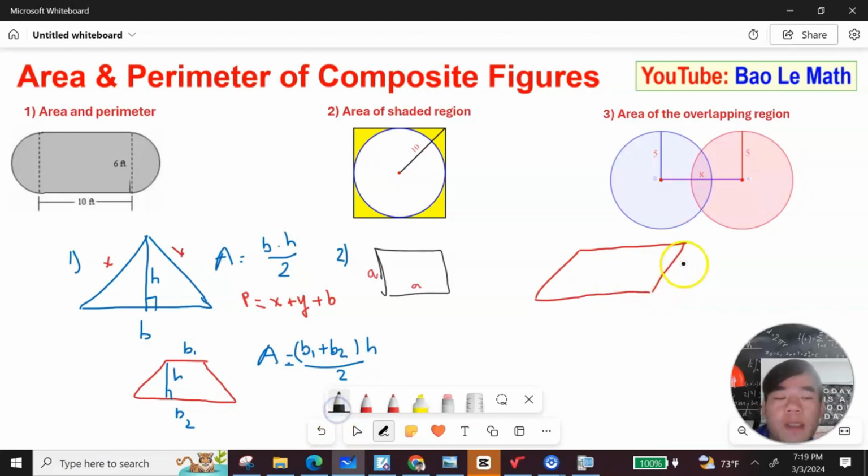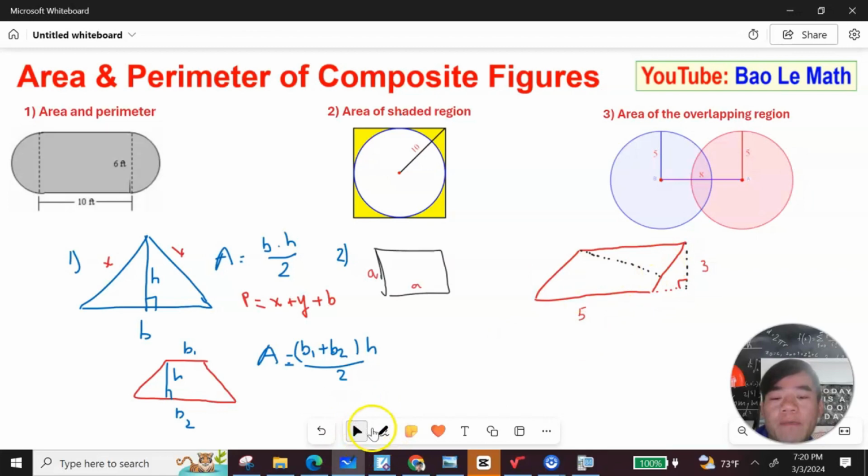They give you this side is 5, this is 3, and you extend this one right here and you see that this is perpendicular.